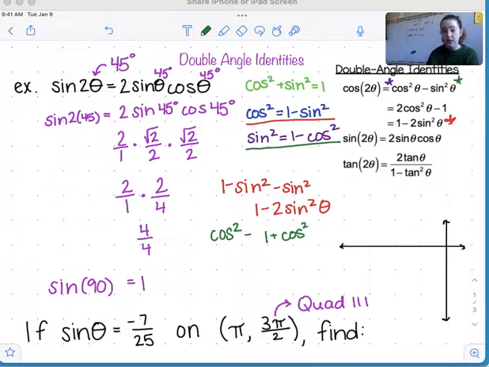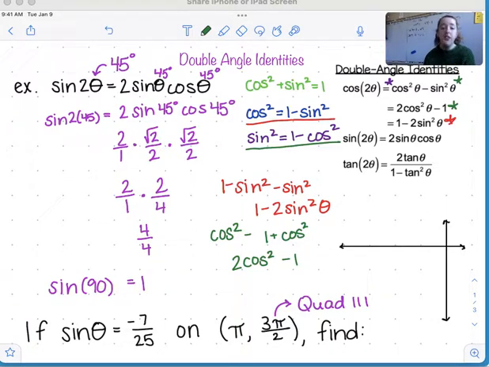And then cosine squared plus cosine squared is 2 cosine squared minus 1. So it's all the same thing. All of these 3 are equal to the same thing. You just have to be a little bit choosy about which one to use, especially when we start solving equations here in a little bit. So I'll show you what I mean.